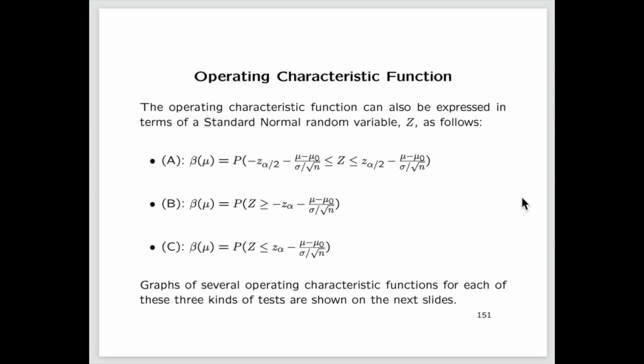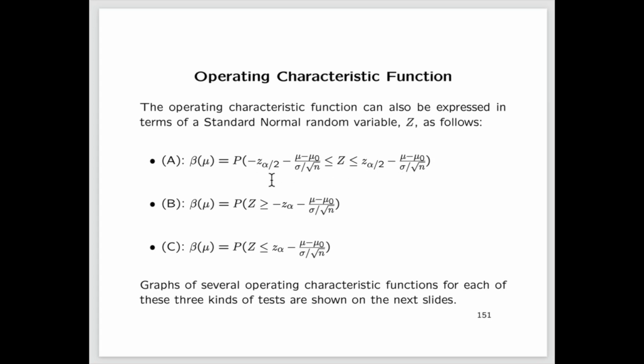Now, the operating characteristic function can also be expressed in terms of a standard normal random variable z as follows. For the two-tailed test, the beta function evaluated at mu, the probability of committing a type 2 error as a function of mu, is equal to the probability that z, a standard normal random variable, is between these values, as you can see in the expressions given here.